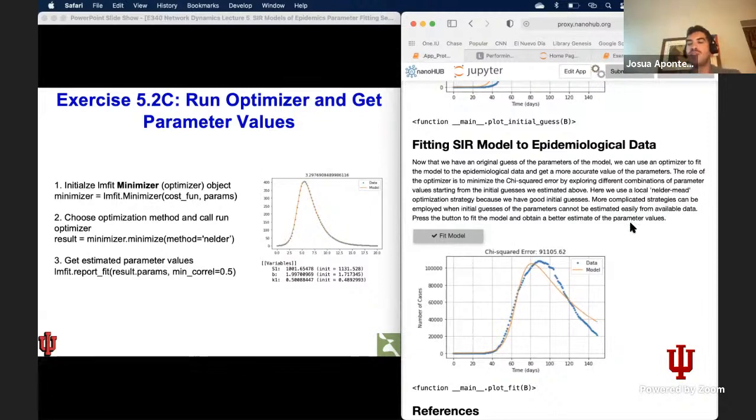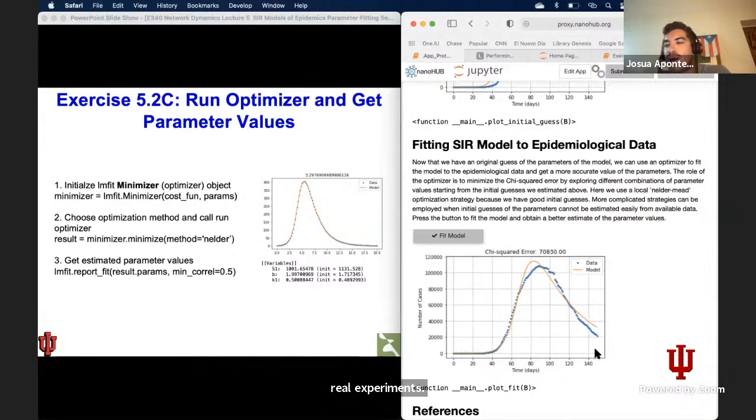And the reason I'm showing this example is because in this particular case, this is real data, from real actual cases recorded in Italy at the beginning of the epidemic or the pandemic.